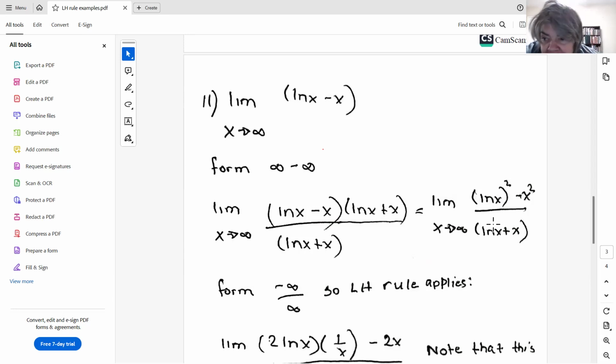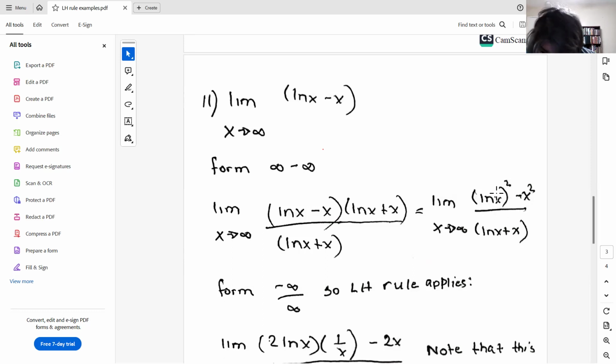It increases, but very slowly. Now, negative x squared is going to decrease since it's negative. X squared is going to be very positive, and it's going to increase faster than ln of x squared.